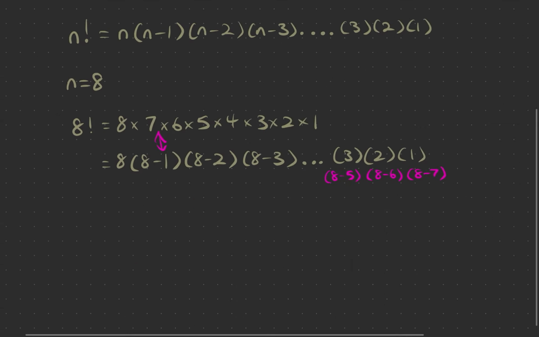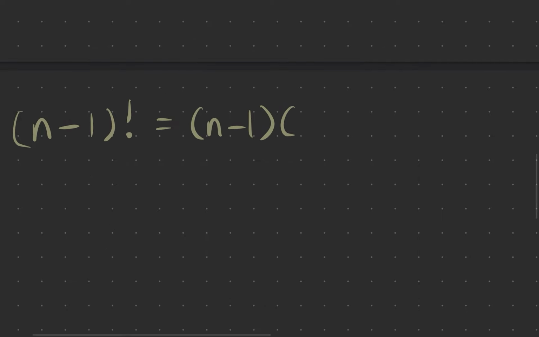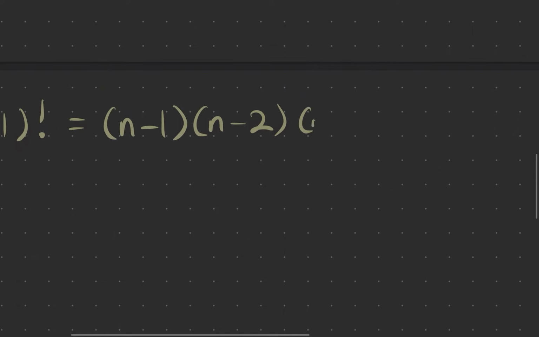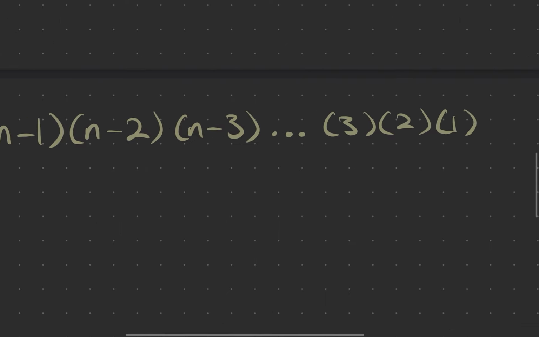Okay, let's try n minus 1 factorial. So this just means n minus 1 times, remember, just minus 1, n minus 2 times n minus 3, and then it goes on and on until 3, 2, and 1.